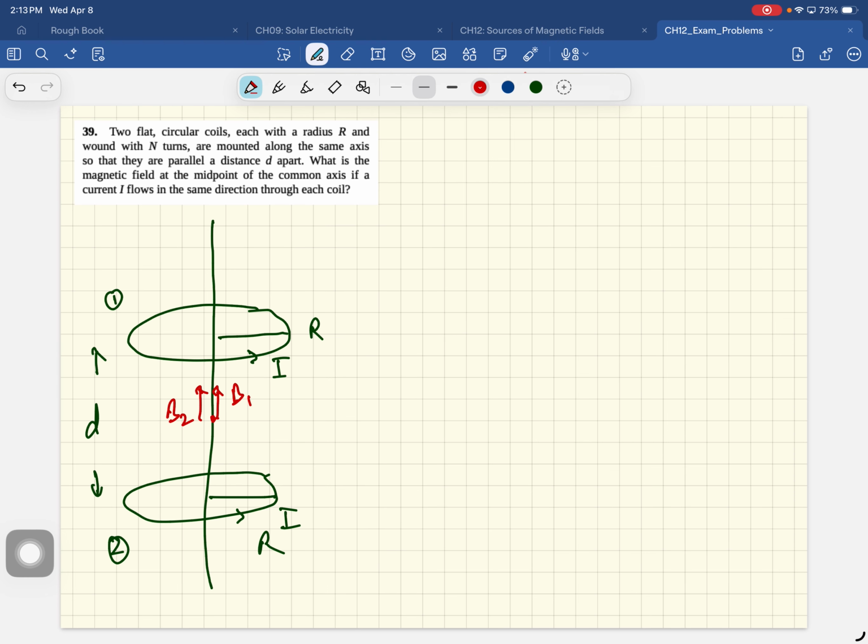At the surface, the field strength is mu naught I over 2 pi r, where r is the radius of the wire. So that's the magnetic field just outside, the magnitude of this field.